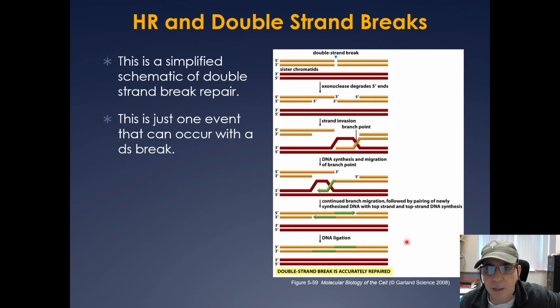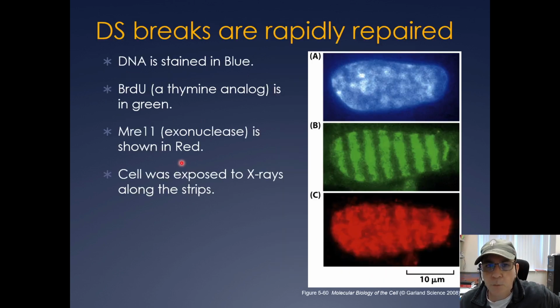We'll see homologous recombination again in a bit, but here's how prevalent it can be in a cell. In the case of double-strand breaks, they're rapidly repaired. This is a DAPI-stained image of a nucleus, stained in blue.